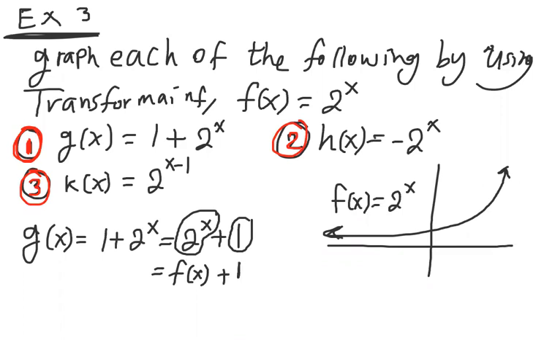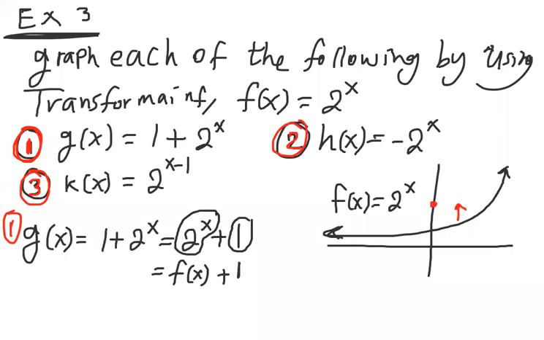So we graph the function f of x, and we shift it up 1 unit. First one, is it clear? So the graph for g of x looks like that. We shift it up 1 unit.